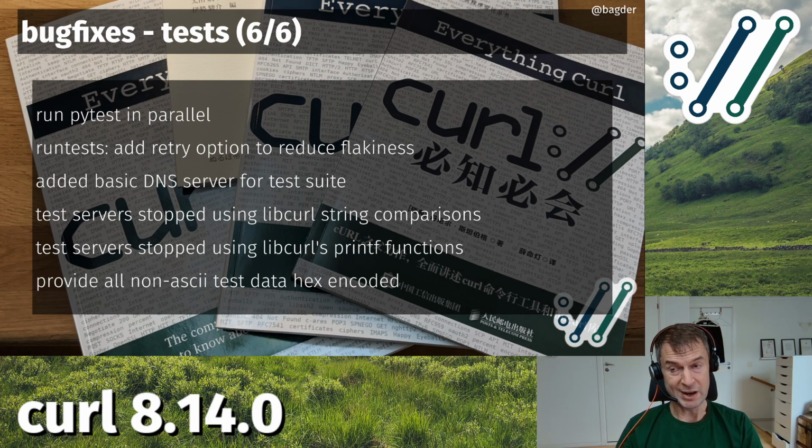And related to the UTF-8 Unicode things I talked about a few slides ago, we now make sure that we provide all non-ASCII test data as hex encoded. So basically, we avoid using UTF-8 characters in test cases, just to make sure that we understand exactly what they are, so that we don't get fooled by them looking like something else.